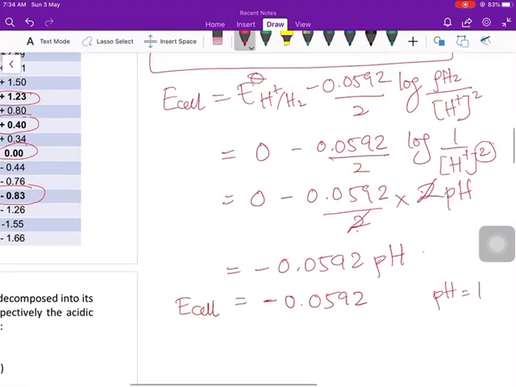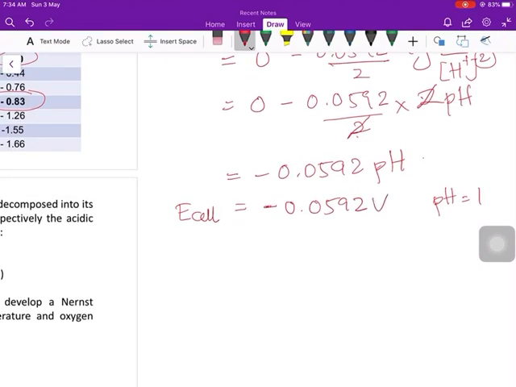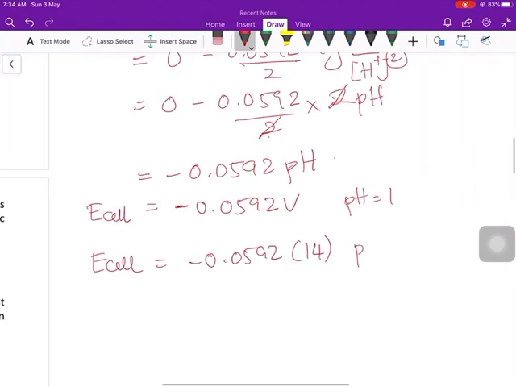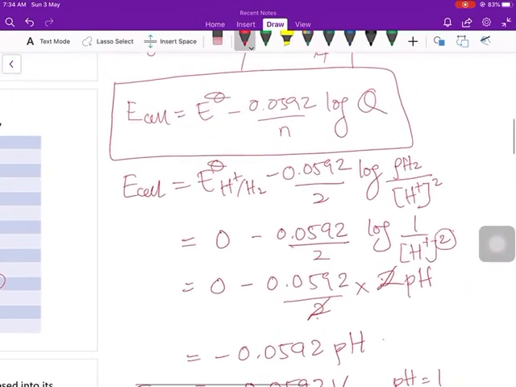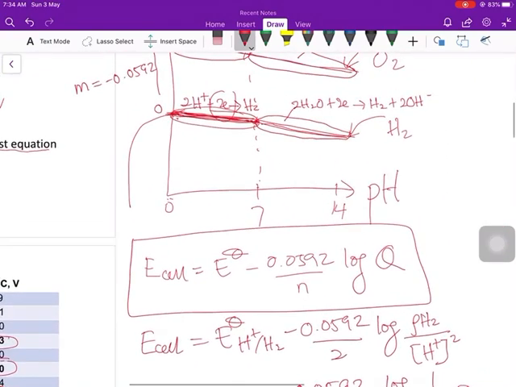If you put pH 1, the E cell measured here is negative 0.0592 volt. If pH is 14, you will get a value exactly the same as the half-cell value for alkaline without oxygen, negative 0.83 volt.